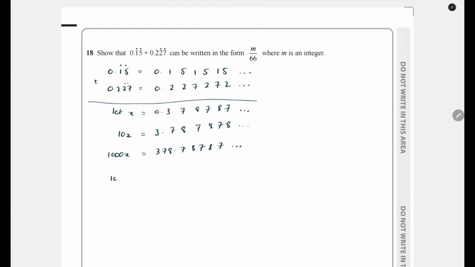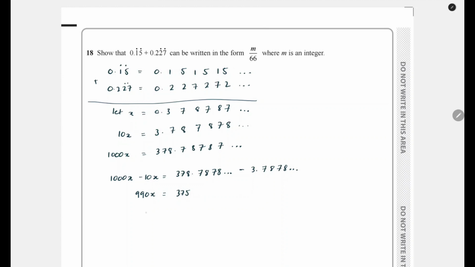So if we take these two away from each other, we have 1000x minus 10x, which is going to be equal to 378.787 recurring minus 3.7878 recurring. 1000x minus 10x gives us 990x, and 378.78 recurring minus 3.7878, so on and so forth, gives us 375.